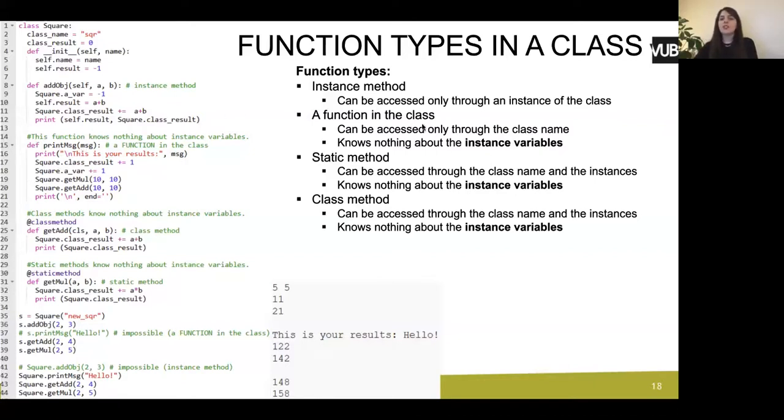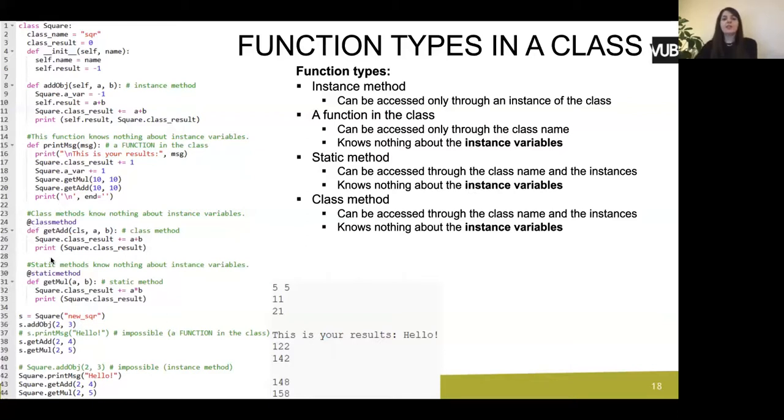This is a function in the class and can be accessed only through the class name. And it knows nothing about the instance variables. So as you can see, I can only access the class variables, not instance variables. And it is obvious why, because I don't have self here. How can I access an instance variable when I don't have self? So now I can only access class variables.